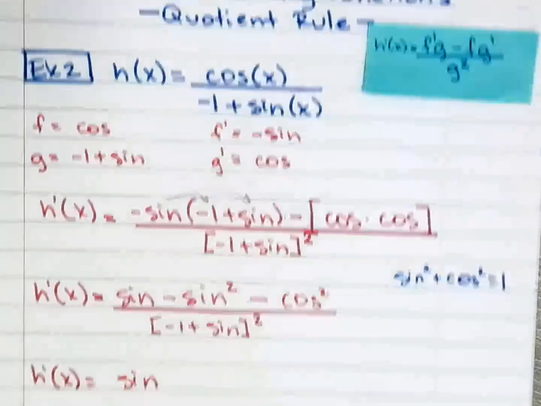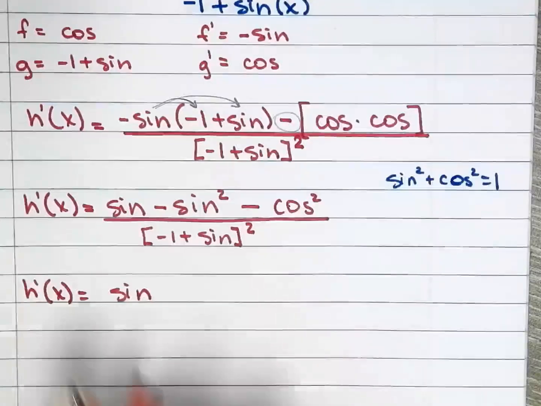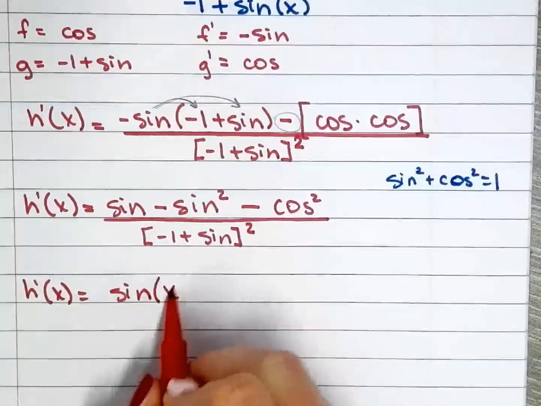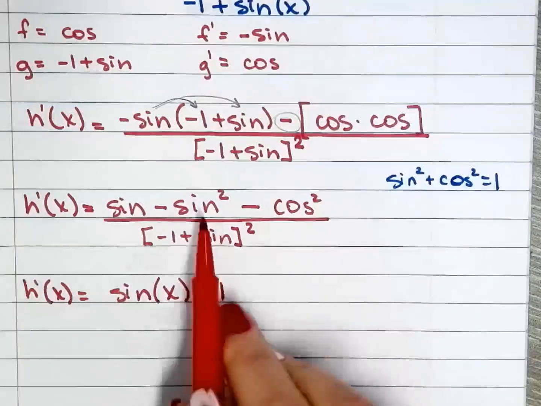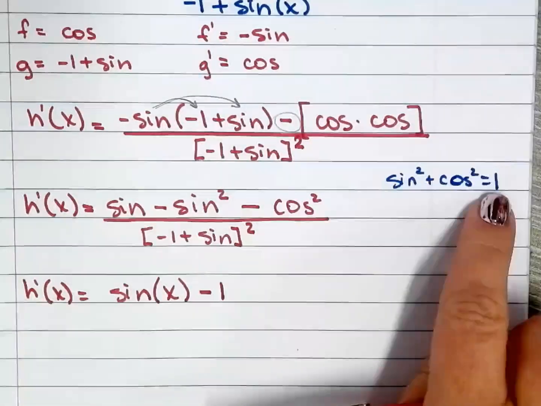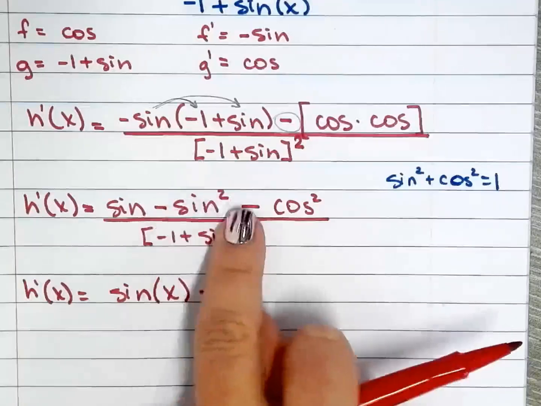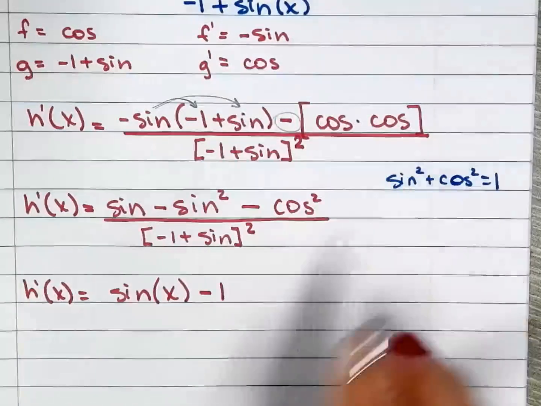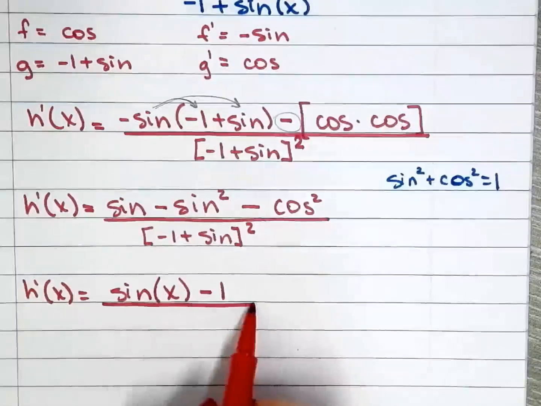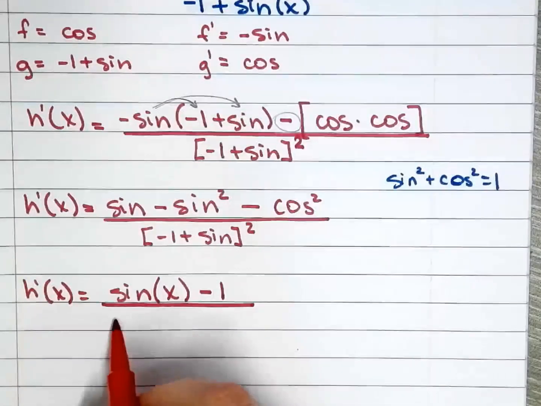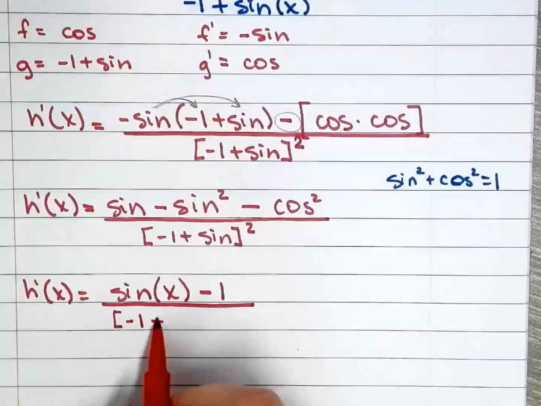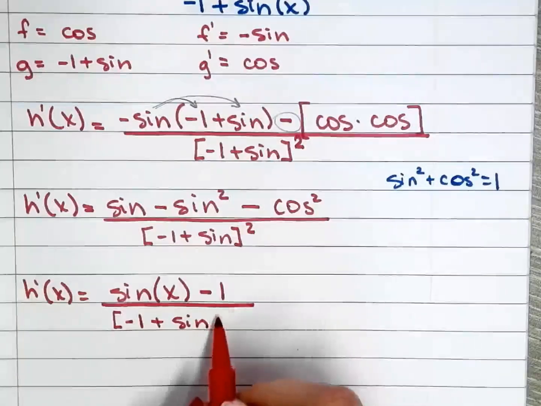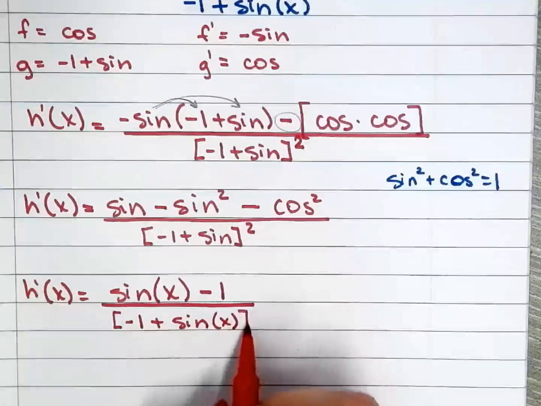So sine of x minus 1, because we agree that it's 1, but because they both have negative, that's going to make this -1. Write yourself a little side note. Doesn't hurt. Everything over -1 plus sine of x squared.